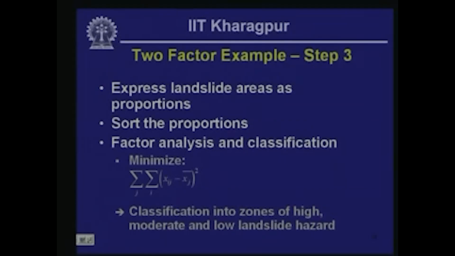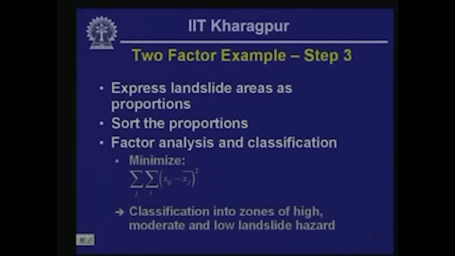Then you are going to minimize the double summation shown in that equation. By adjusting the bins in which you classify the proportions that are considered highly hazardous from those that are considered moderately hazardous, by adjusting the inter-class boundaries, you want to minimize the double summation observed in the previous equation.